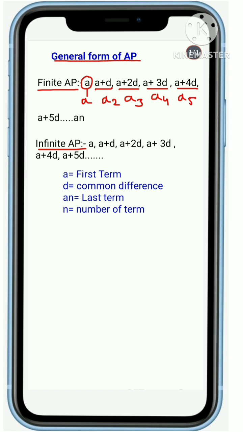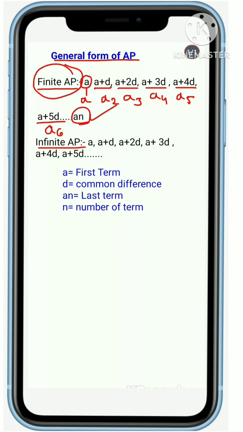Similarly, it represents sixth term of AP denoted by A6, and this AN represents last term of AP, and only finite AP possesses last term, right?